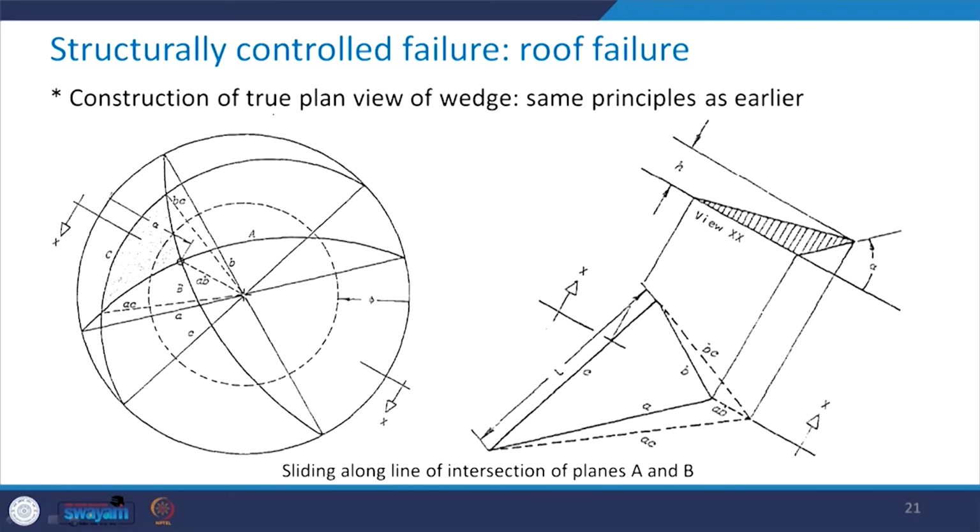Take a look here. As I mentioned already, this C is parallel to this line, this trace B is parallel to this, and A is parallel to this. This is how these are going to be constructed. This AB is parallel to this, AC is parallel to this, and this BC here is parallel to this line.